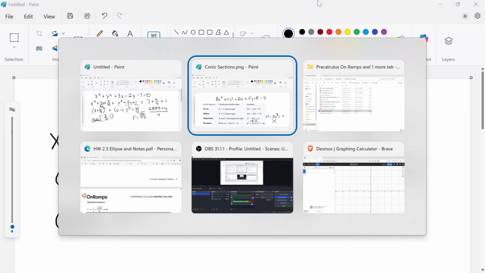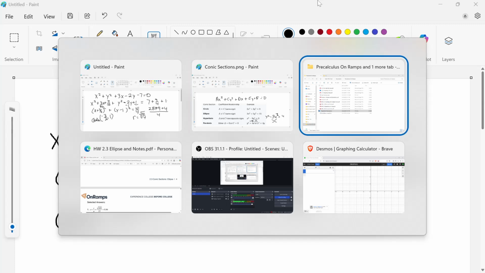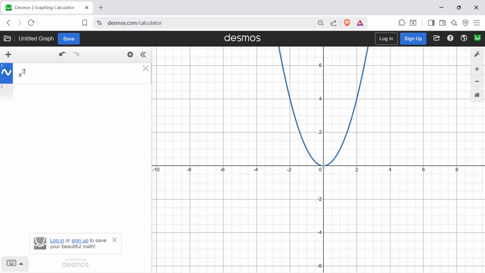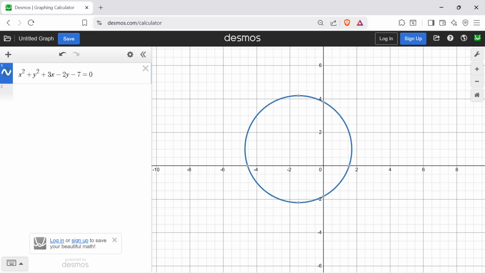So let me prove this by going to Desmos, if I can find Desmos. And what was the original? x squared plus y squared plus 3x minus 2y minus 7 equals 0. See, I've got a circle.